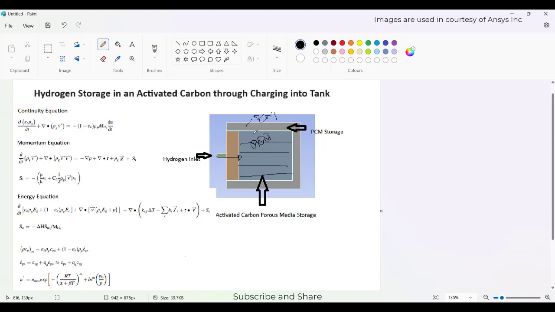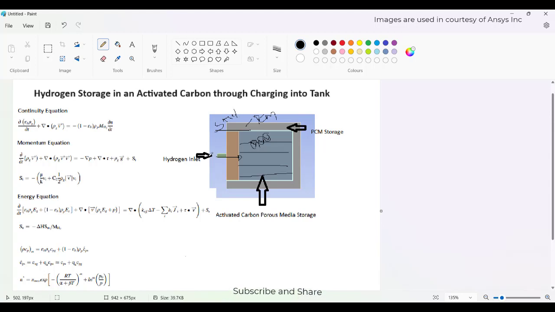When the hydrogen adsorbs onto the carbon, it releases heat, and that heat will be dissipated into the surroundings. Here the surroundings is the phase change material into which we reject the heat, and between the phase change material and the activated carbon there is a thin layer of stainless steel. This is the steel layer.